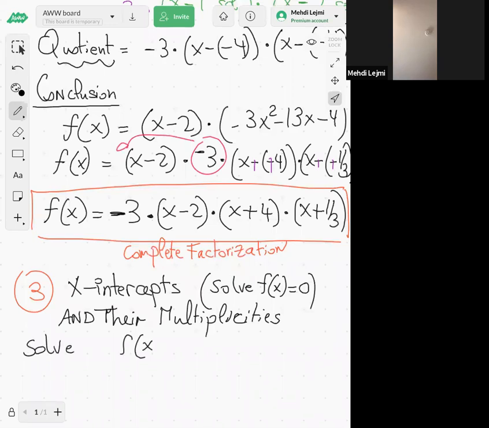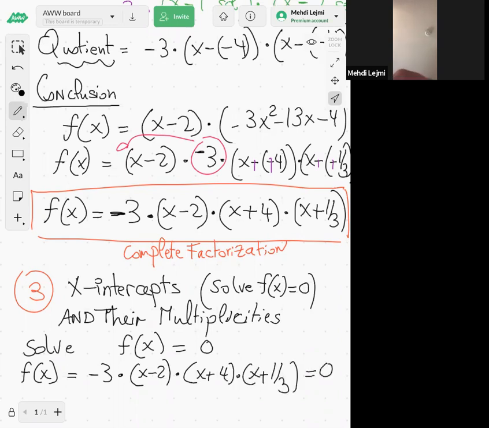I want to find the x-intercepts. So what's my f of x? Well, it's -3 times x minus 2 times x plus 4 times x plus 1/3 equal to 0.